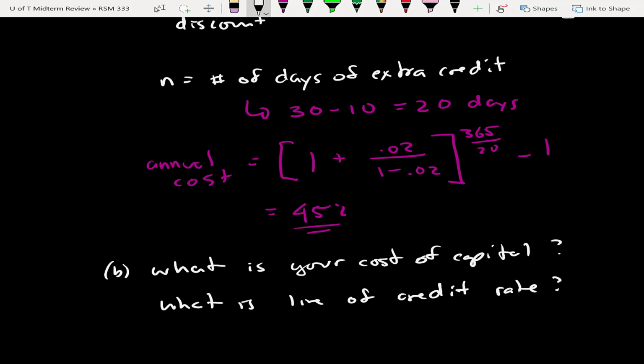If you can get cash for, say, 10% or 8%, whatever, as long as the number is below 45%, you would be better off taking it on a line of credit, taking the discount, and then repaying the line of credit at the end of 30 days when you were planning to pay your payable anyways.